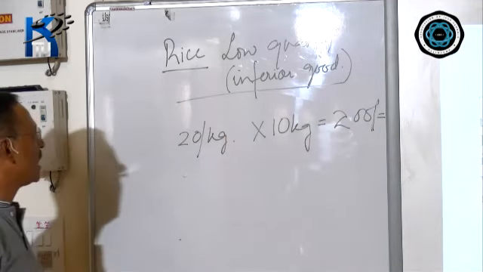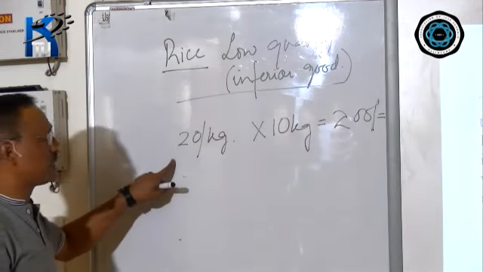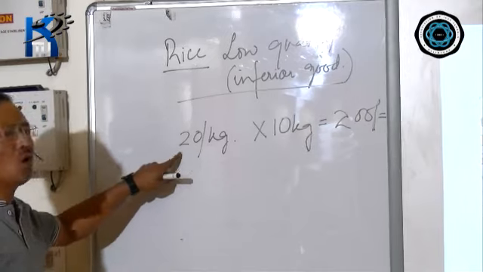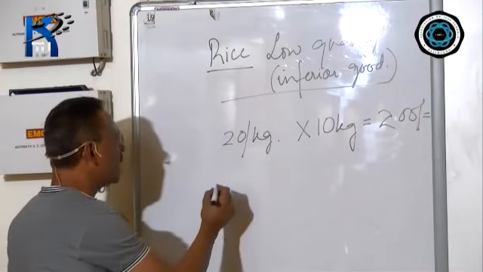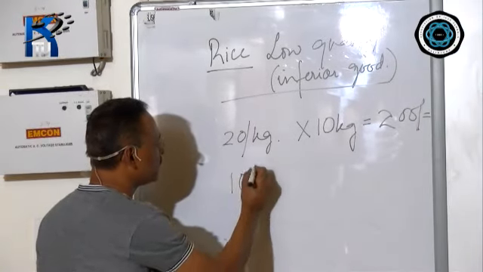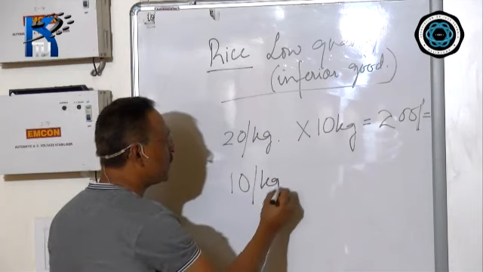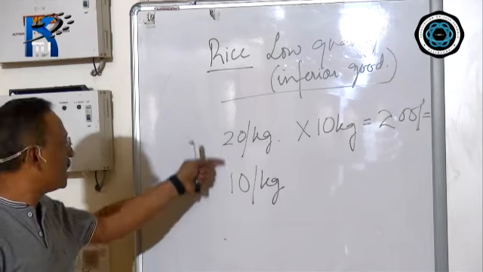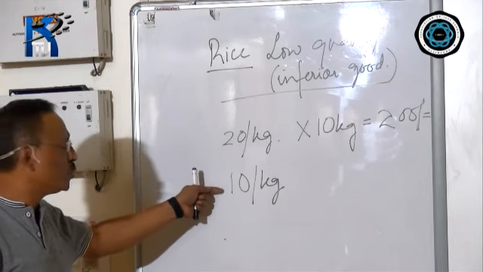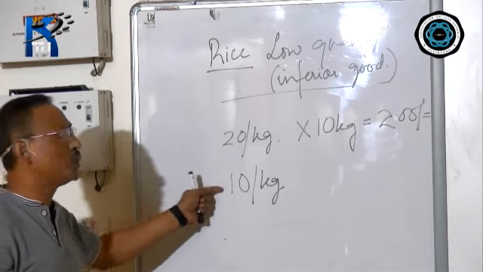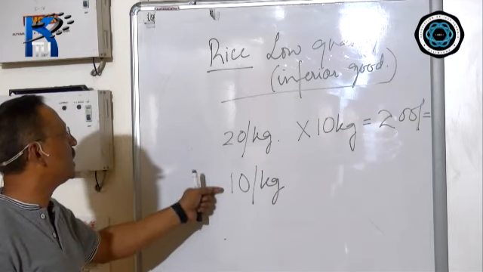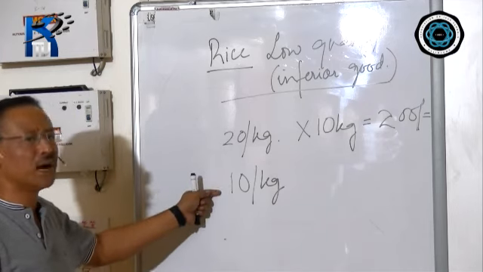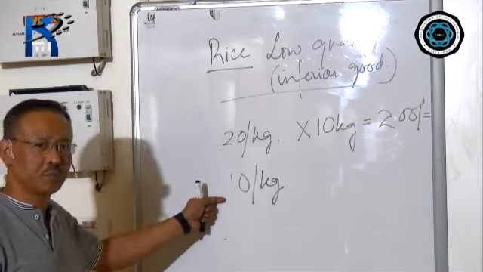Now the price of this rice is no longer 20 rupees. Let us say now it is just 10 rupees per kg. When the price is cheaper, you will think that the demand should increase. But actually, demand will decrease when the price is cheaper. Why?